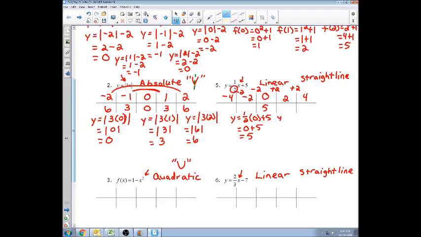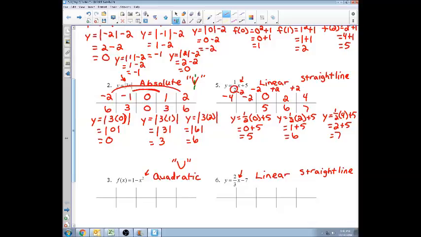I'll put 2 in for x. 1/2 times 2 plus 5 would equal 1 plus 5, which equals 6. If I put 4 in for x, it'd be 1/2 times 4 plus 5. 2 plus 5 would equal 7.